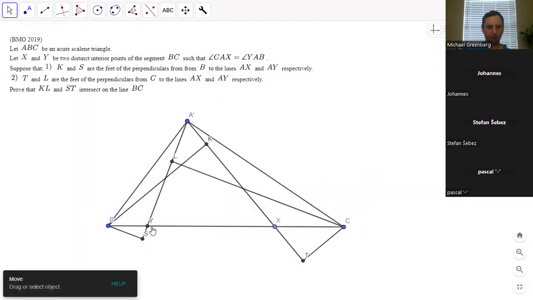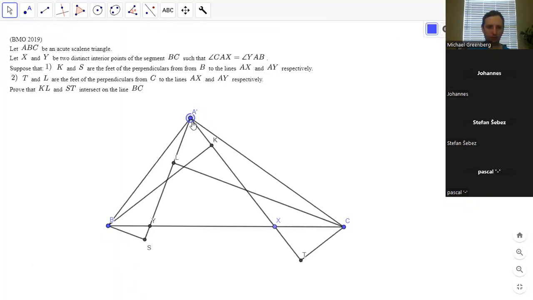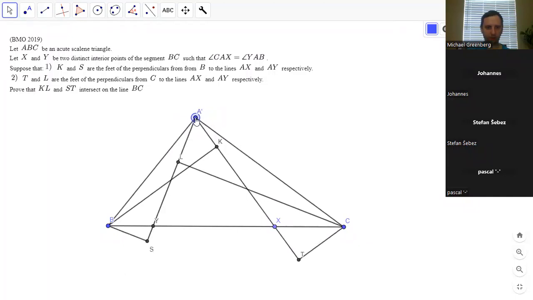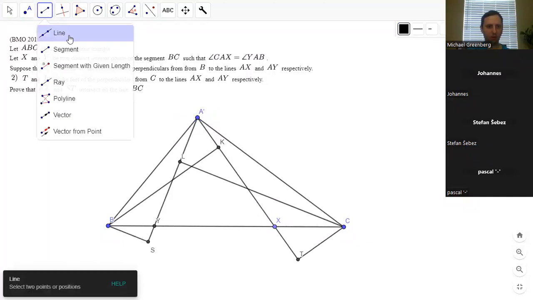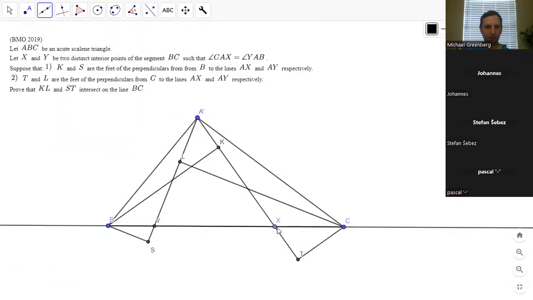I think there was some solution just using projective geometry. So let's see. We draw line BC, and this is ST, this is KL.